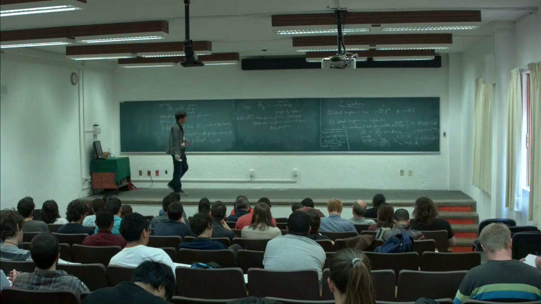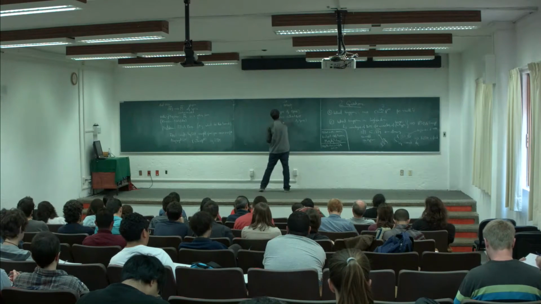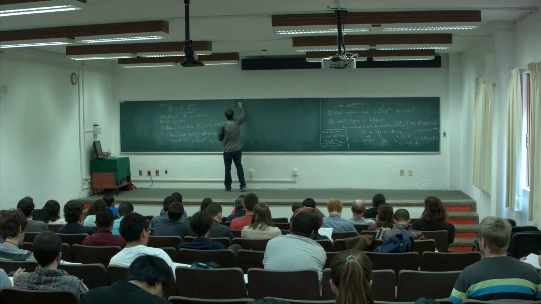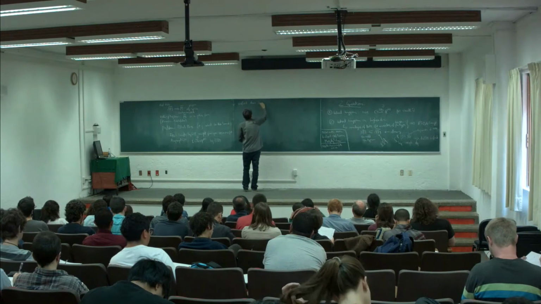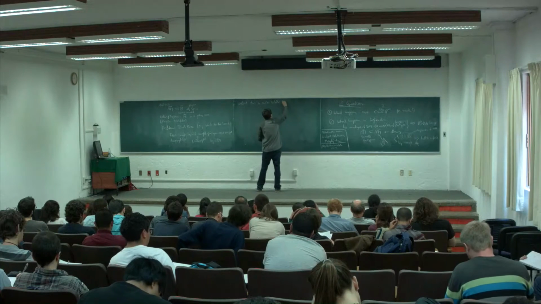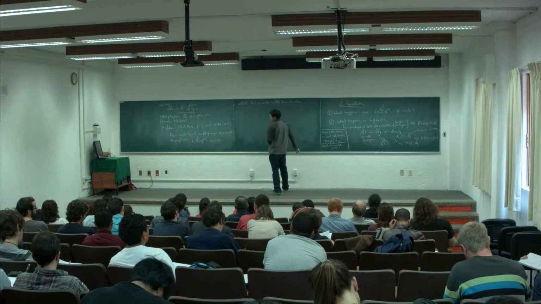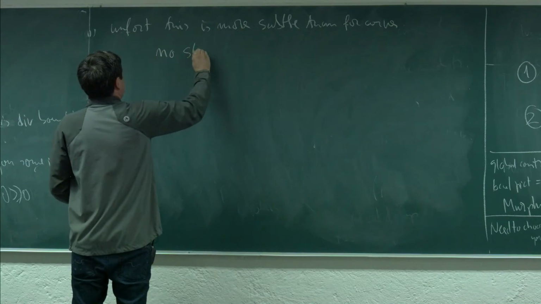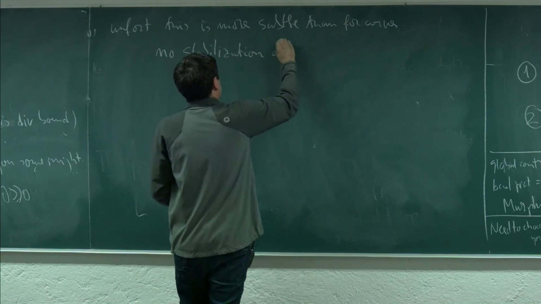Unfortunately, this is more subtle than for curves. Basically, there is no stabilization of GIT quotients.